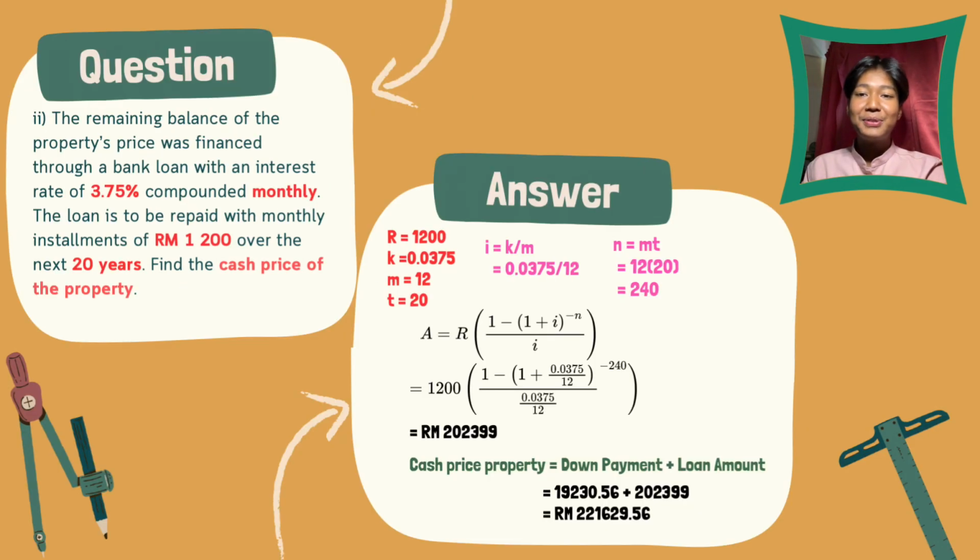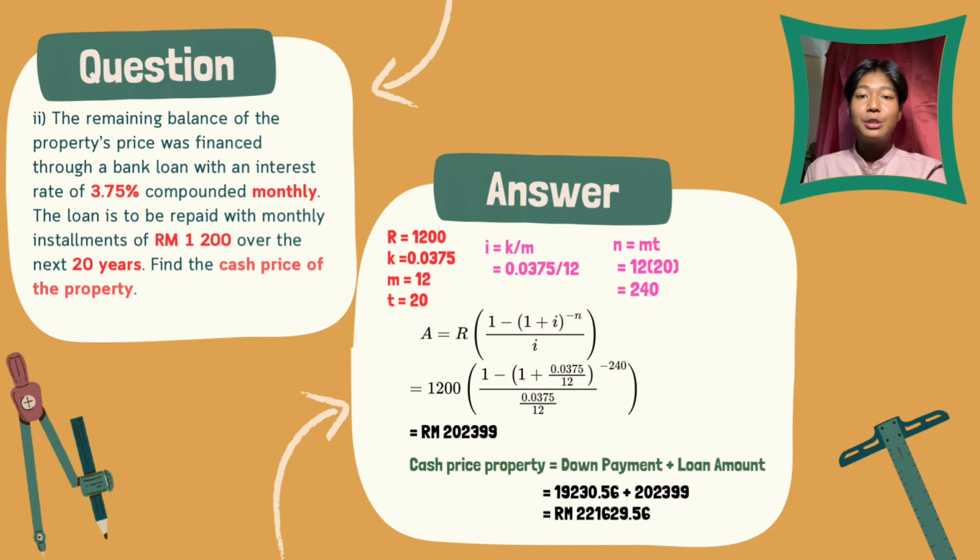For question 2, we need to find the cash price of the property. We need to determine the periodic payment, the nominal rate, the number of times interest is calculated in a year, and the term, which I marked in red below.